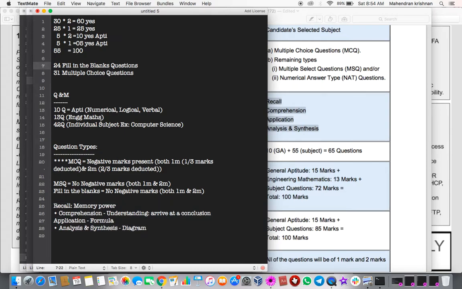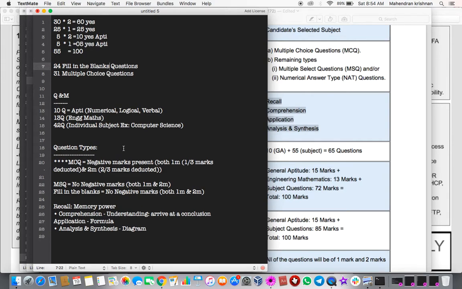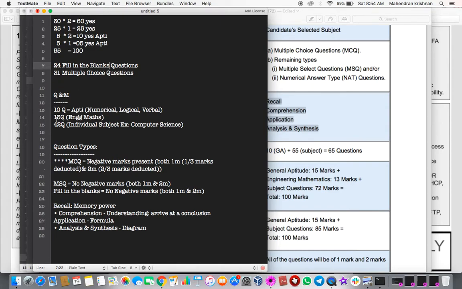A typical person writing GATE, what will he or she attempt? Engineers generally attend Apti, so 10 questions we can attempt. The 15 marks here would generally be easy, so a normal person can score 15 marks.